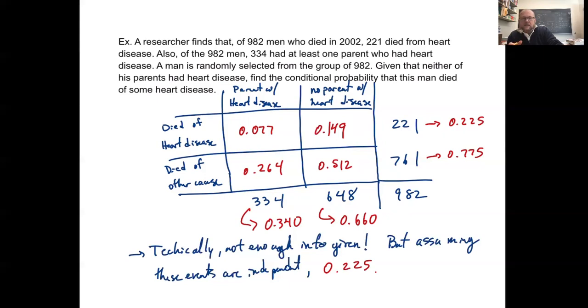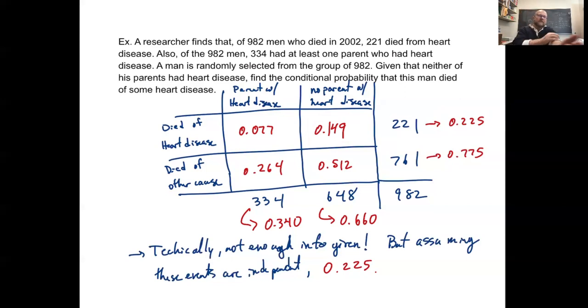The reason for that is that if we've assumed the independence, then in getting the conditional probability, you would end up taking this 0.149 and dividing by the 0.225 that we just multiplied in order to get that, right?